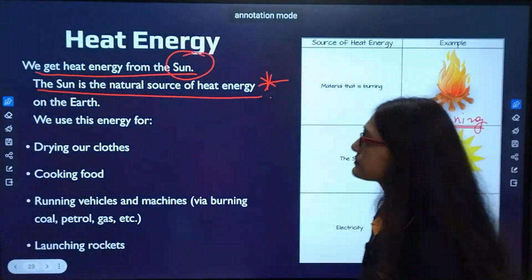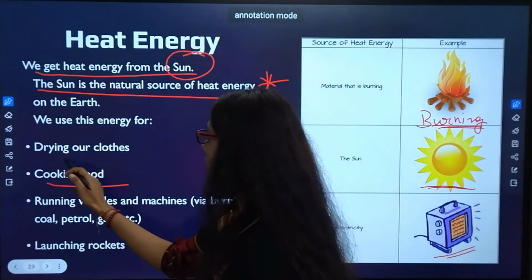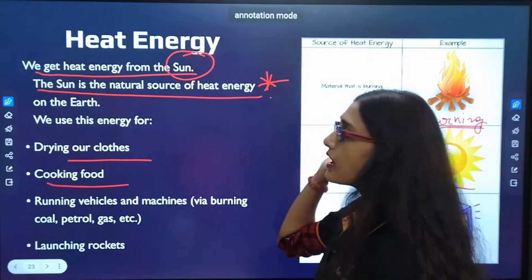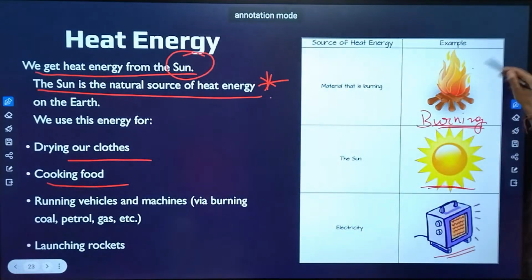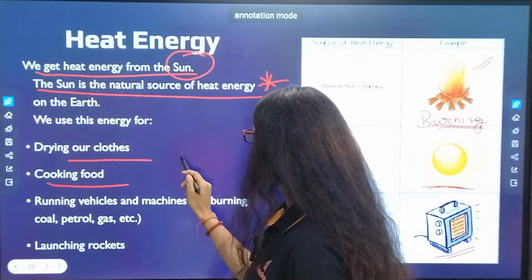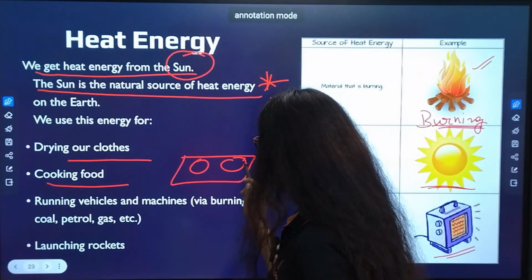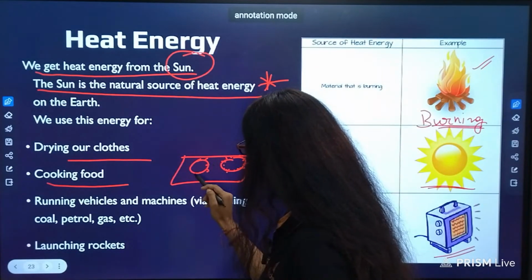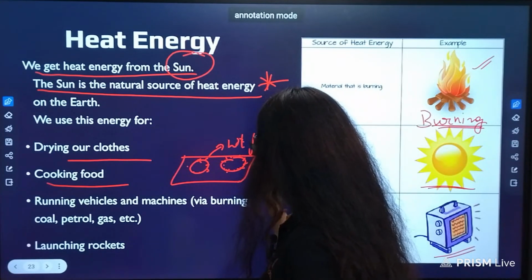Okay, clear? We use this energy for cooking our food, drying our clothes. Obviously, you put your clothes in the sun to dry up. You cook food. I have already told you, by burning. If not this, even the gas oven is being used in your house. Okay. You light a fire, right?